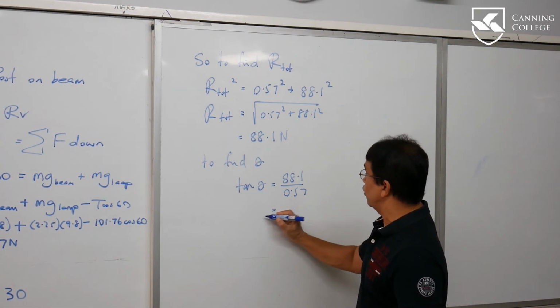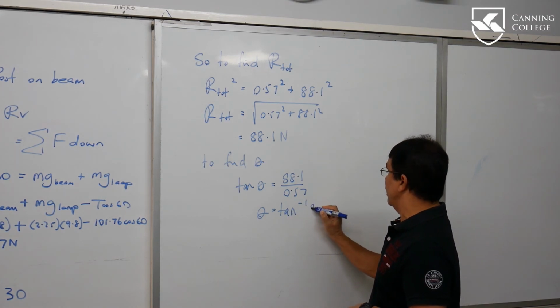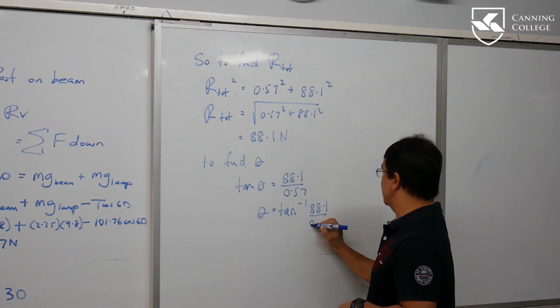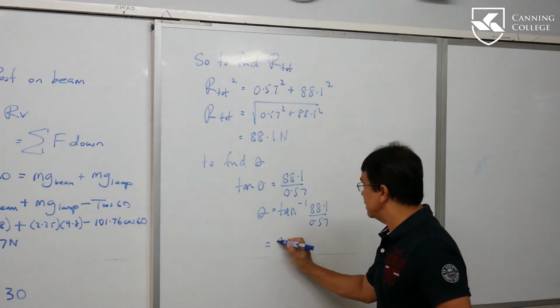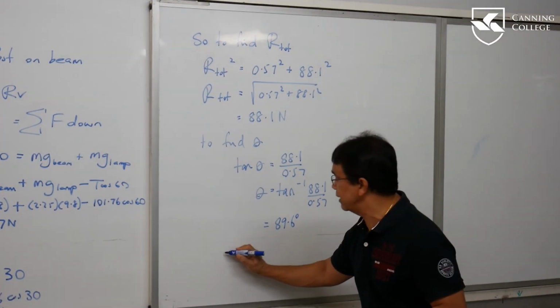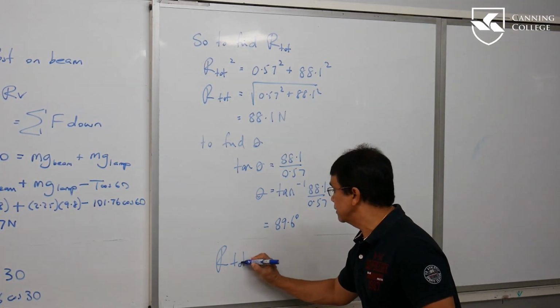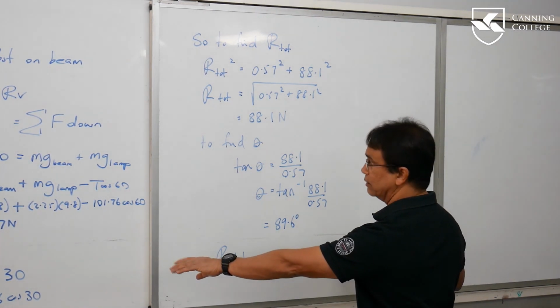And therefore theta is going to be equal to inverse tan of 88.1 divided by 0.57, and that's going to equal 89.6 degrees.